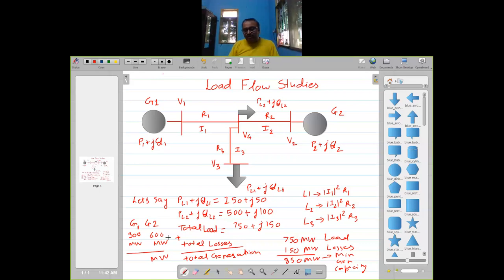The gates of the hydro plant must be opened, and if we want more generation, the gates should be opened more and more using the valves, and therefore more water will flow, more water kinetic energy will be used to rotate the hydro turbine and generate more power. So generation of power is least costly in hydro, whereas it is costly in thermal.